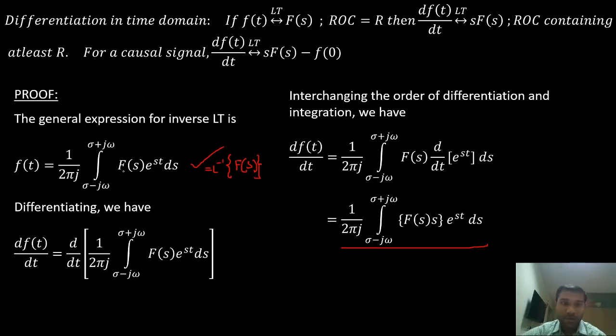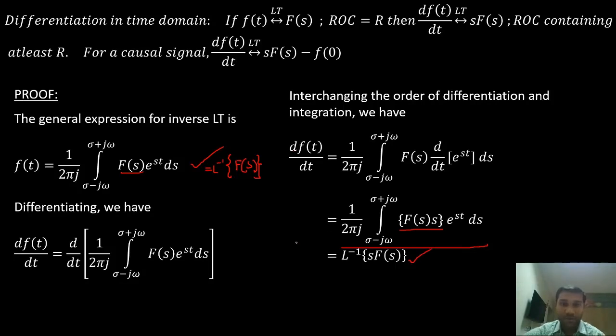So in place of f of s, what do I have here? I have s into f of s. So I can write it as Laplace inverse of s into f of s.